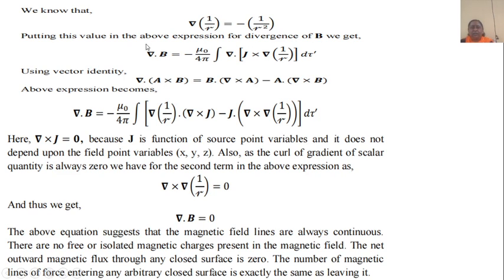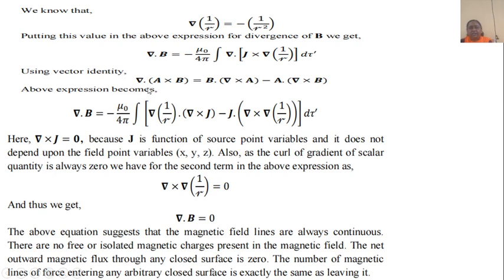Putting this value in the above equation, we get del dot B equal to minus mu 0 upon 4 pi integral of del dot (J cross del (1 upon r)) d tau. So using this vector identity, del dot (A cross B) equal to B dot (del cross A) minus A dot (del cross B).